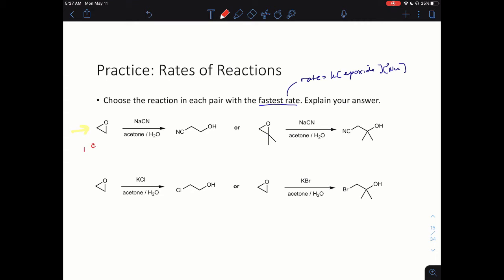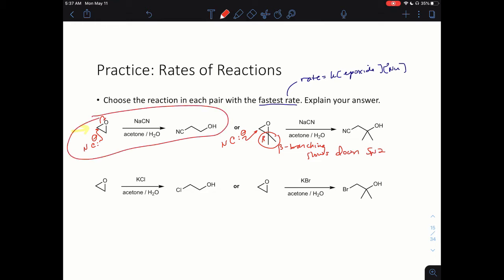So certainly the cyanide nucleophile attacks a primary carbon in both cases. But for the case of this epoxide, the beta carbon has these two substituents, and we know that beta branching slows down SN2. Thus, the faster reaction will be this one on the left.